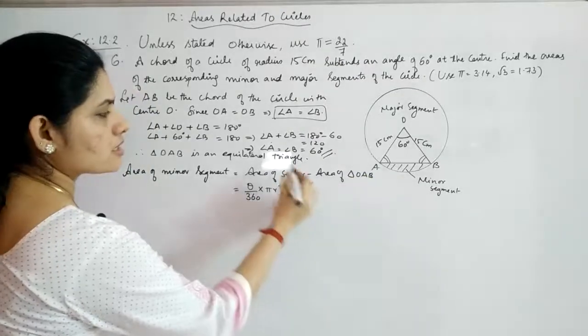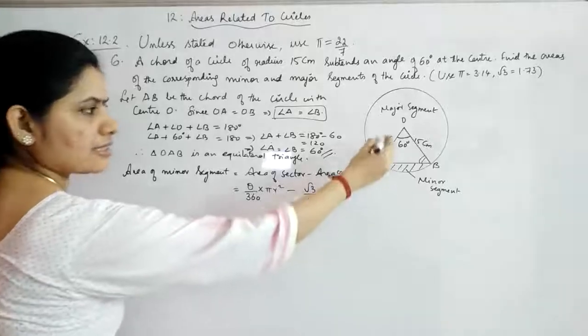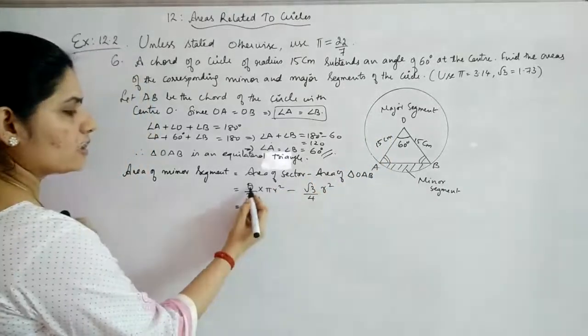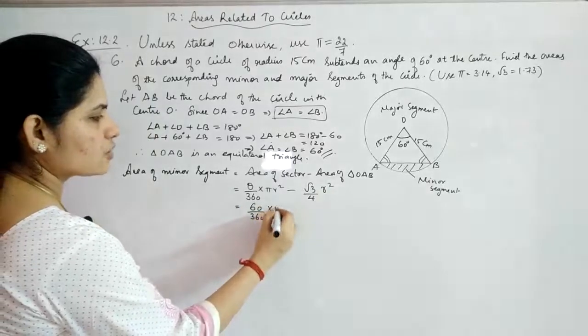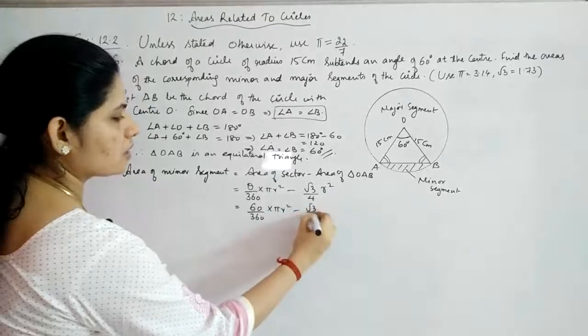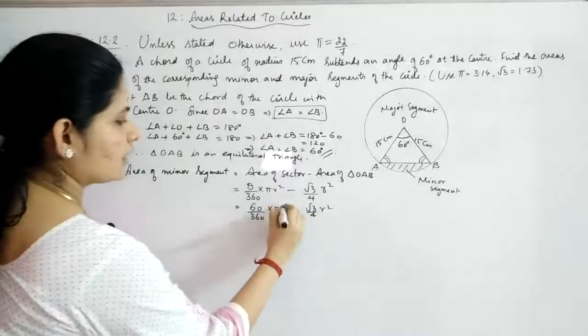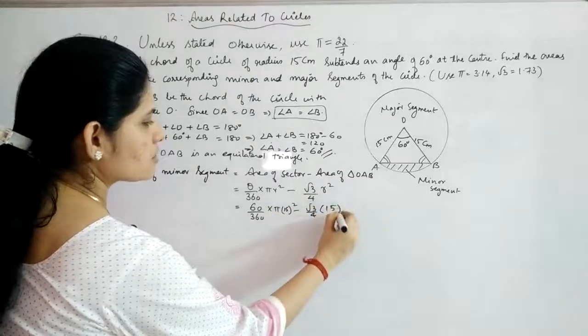Since it is an equilateral triangle, it will be root 3 by 4 a square. Here a is acting as radius r, so you can write r square. Now what is theta given? 60 by 360 into pi r square minus root 3 by 4 r square. What is r given as? 15, so it is pi into 15 square, here also 15 square.